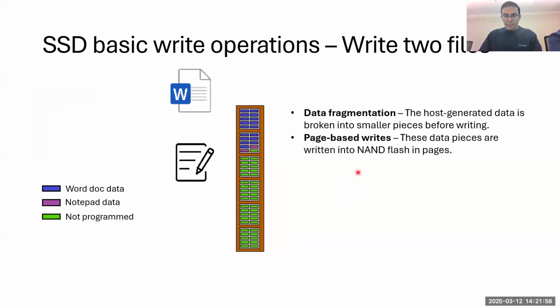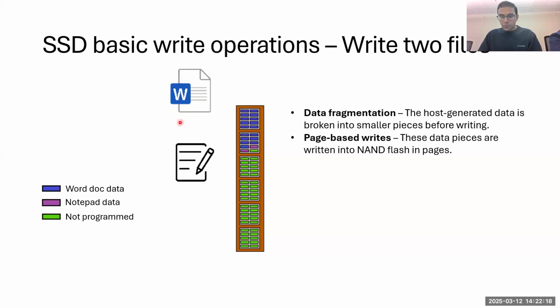So let's take an example using two common applications. Imagine there's a host PC here that has two applications open: Microsoft Word and a Notepad. Imagine we create a Word document, and the data that belongs to this Word document would be represented in blue.